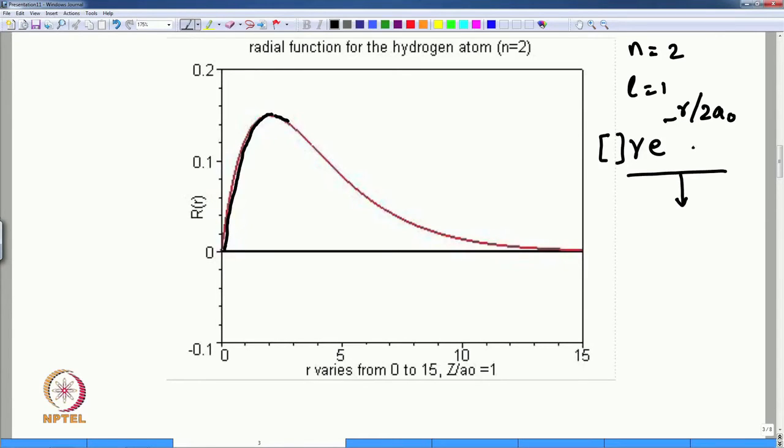This is the radial function for n equal to 2, L equal to 1, and the radial distribution is r square multiplied by the square of this function, which is again another r square, and e to the minus r by a naught. This is the radial distribution.